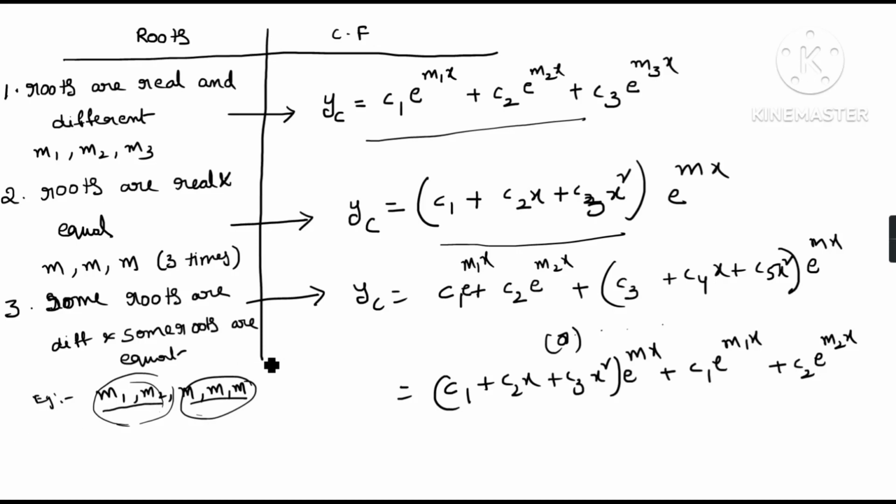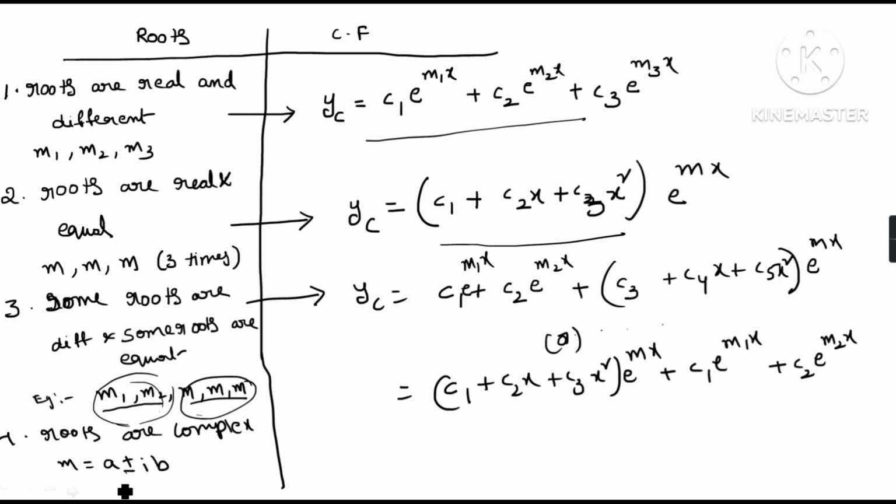Now fourth one is roots are complex roots. Suppose roots are complex. So you know that a complex root is of the form m equals a plus or minus ib.